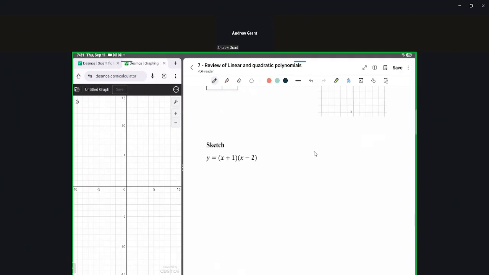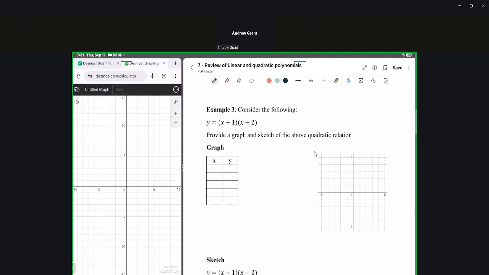Okay. And so, for example 3, we're going to provide a graph and a sketch of the above quadratic relation. Okay, so we're going to do a graph first because that's the normal thing to do. And again, to do a graph, we try to choose values around the x-intercepts.